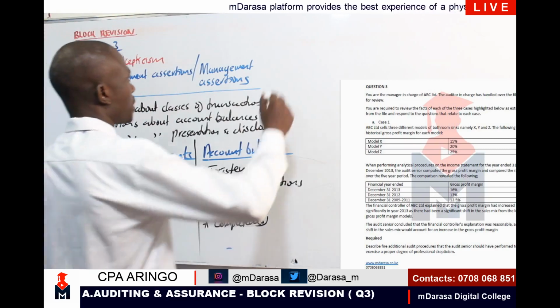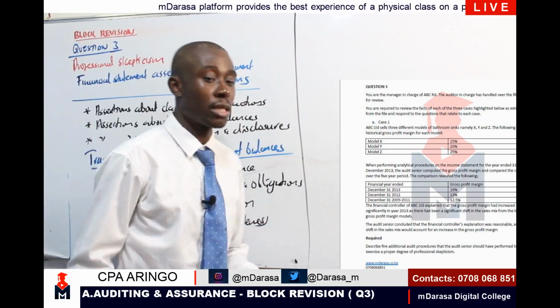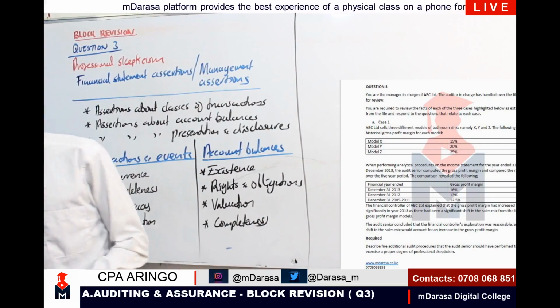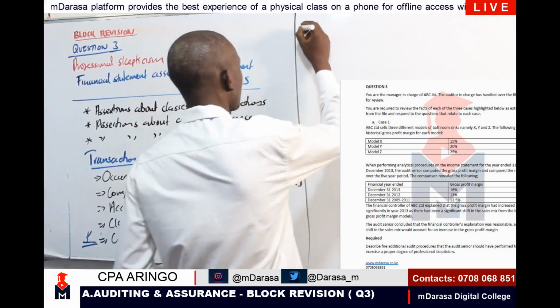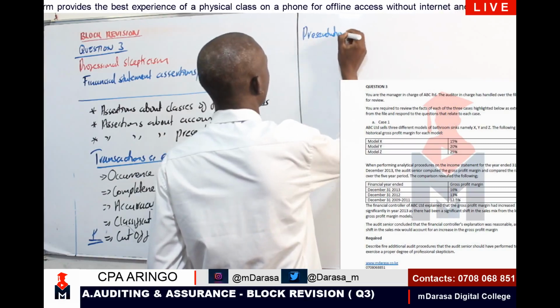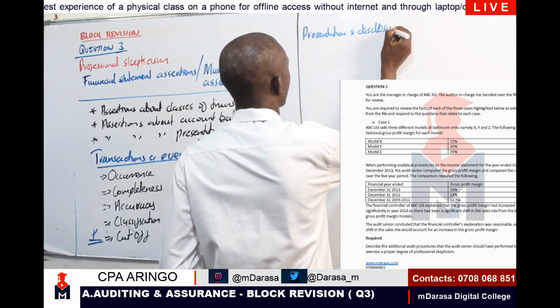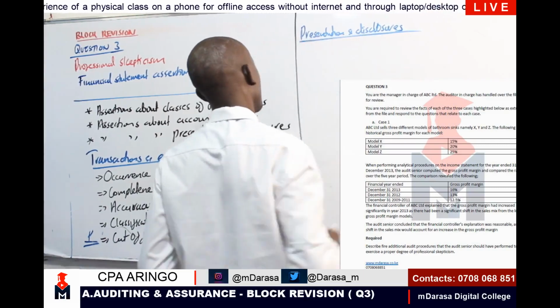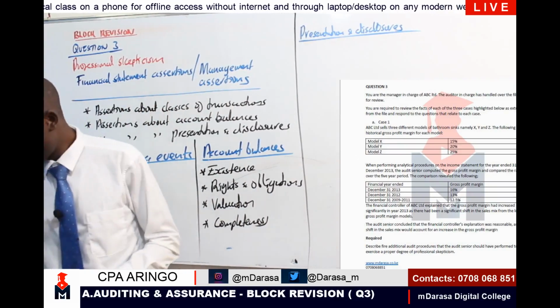The same concept is going to apply here when we are talking about assertions about presentations and disclosures. So for presentations and disclosures, basically at this point, my good students, we are looking at what?